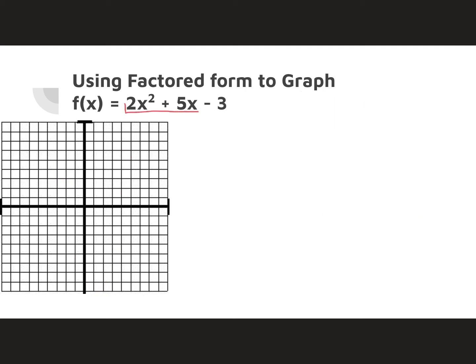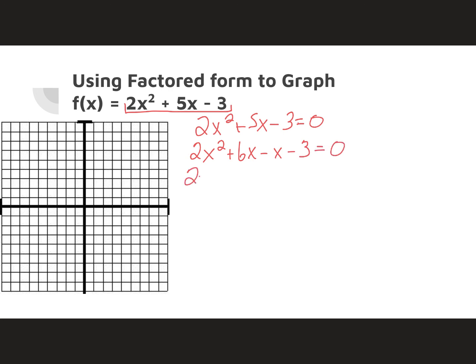This time I have 2x squared plus 5x minus 3. So I'm going to find the zeros for 2x squared plus 5x minus 3 equals 0. I need numbers that multiply to negative 6 and add to 5. So that's going to be 2x squared plus 6x minus x minus 3 equals 0.